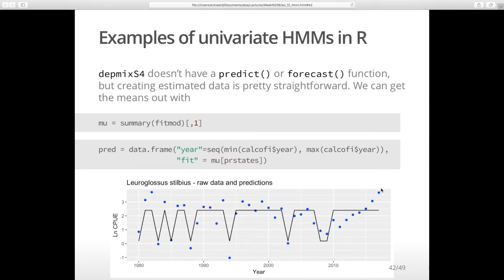For trends that are non-stationary and more linear or gradual, the HMM will probably do a worse job. But you can see that it's definitely picking out some of these years where we're getting low catch per unit effort. The HMM is doing a really good job classifying those as a different regime from this higher period where we get higher catch rates.